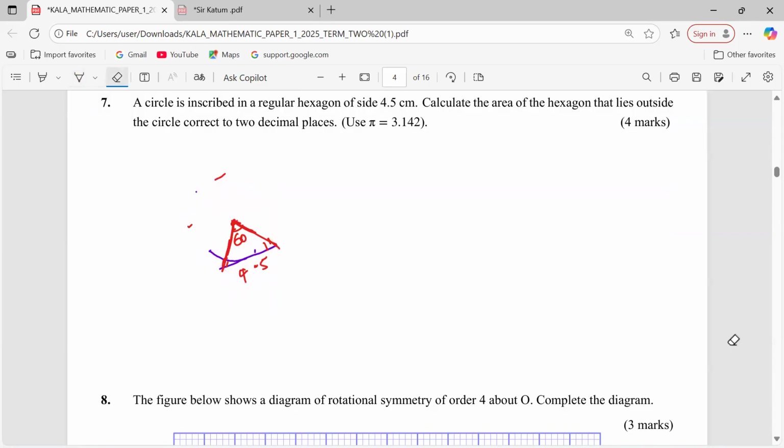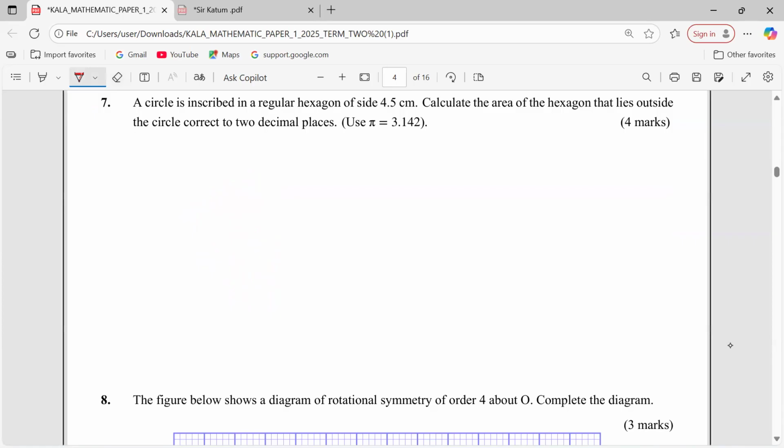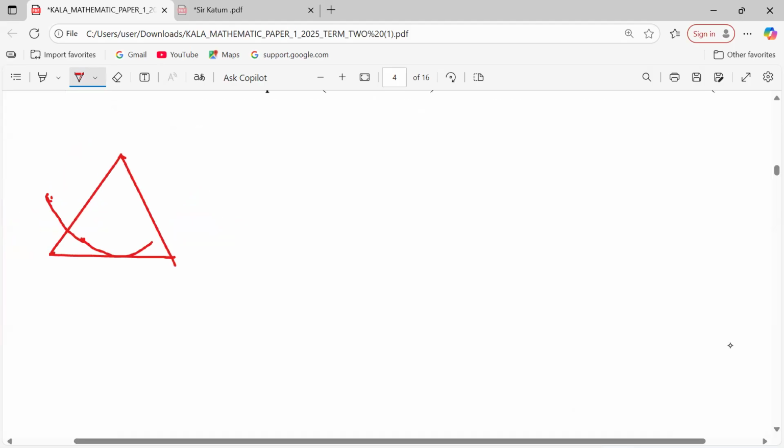Let me show you. When I divide this hexagon into triangles, then one triangle will be like this. Then a circle now is passing like that.